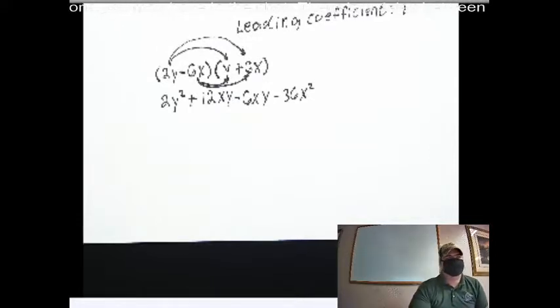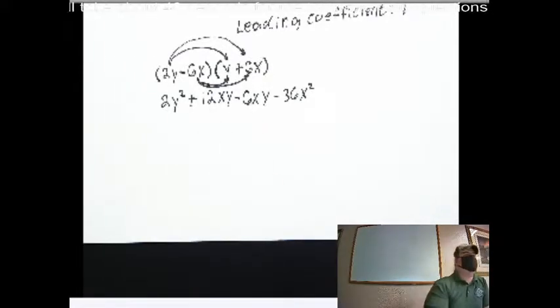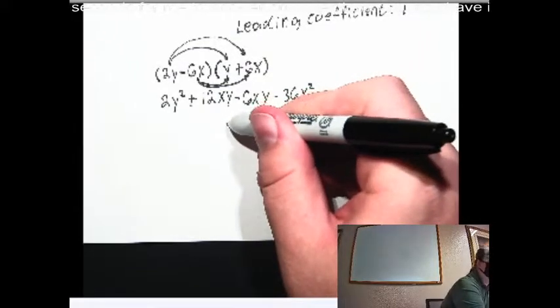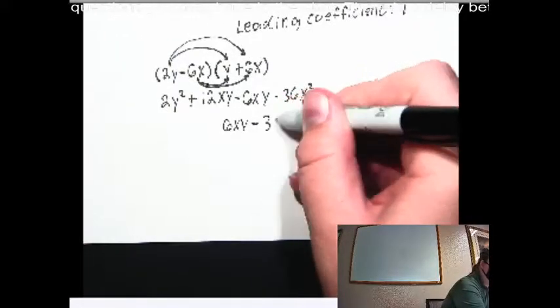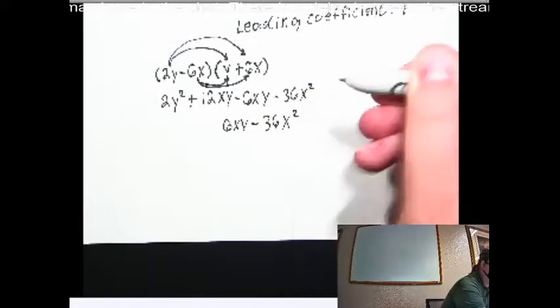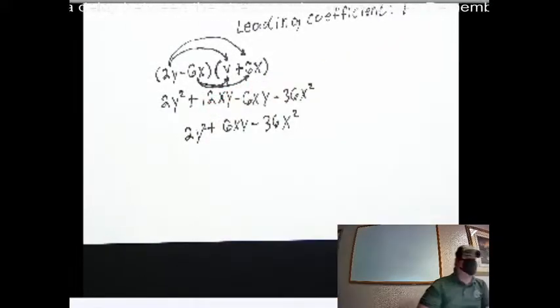Okay. So we've multiplied, but does that mean that we're done here? What else do we need to do? Combine like terms, perfect. So we have 12xy and negative 6xy, so together they give us what? 6xy. And then drop the rest of our terms down. Excellent.